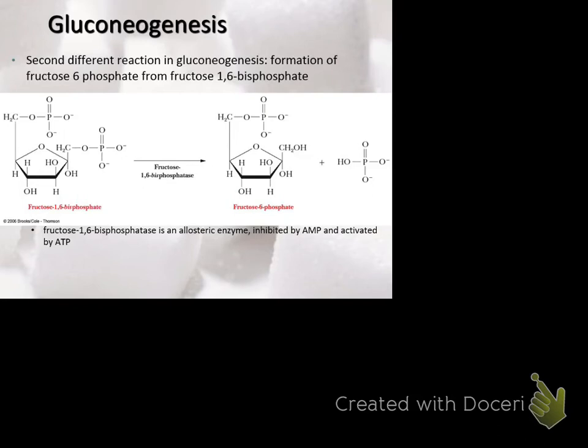Why do you suppose it makes sense that fructose 1,6-bisphosphatase is inhibited by AMP and activated by ATP? Let's start with ATP. Why would high ATP concentrations turn on this enzyme? Under what conditions will you have a lot of ATP? Cellular respiration.